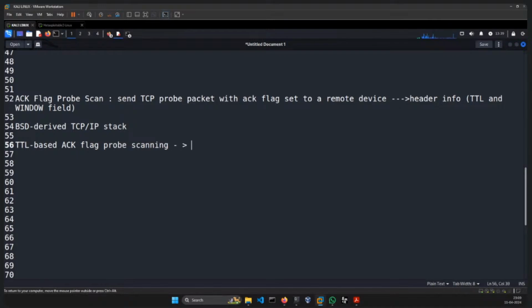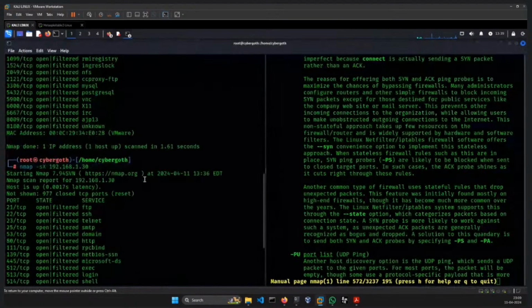In this, you can perform a scan with this command only: nmap minus sA minus p0 dot 30. In this case this will work only because Metasploitable is a vulnerable machine, we know that.